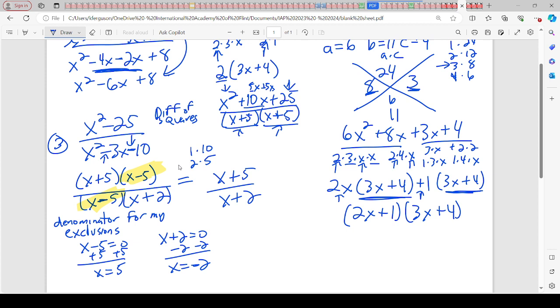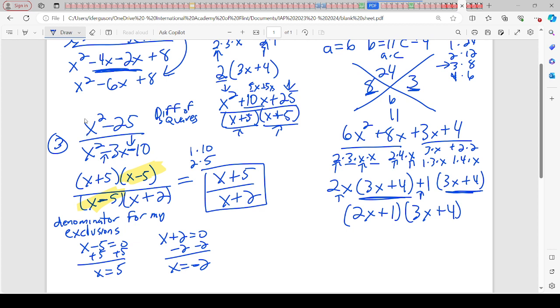Now the thing is, before I got here, I had these two binomials in my denominator. Even though it cancels off, the thing you've got to remember is if I go back to my original equation and I plug in 5, I get 0 in the denominator. It doesn't matter that my reduced fraction looks like this, because 5 put here wouldn't give me 0.